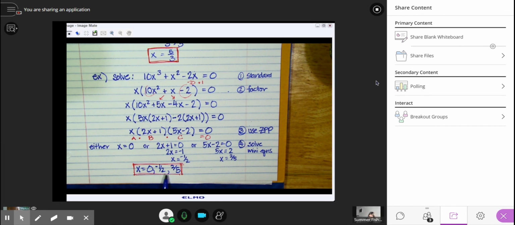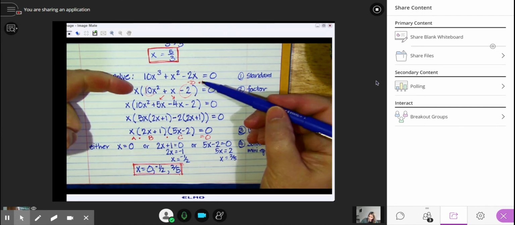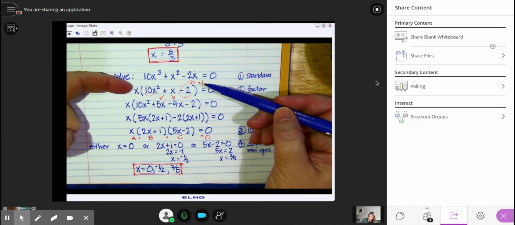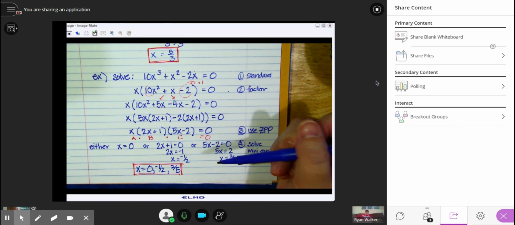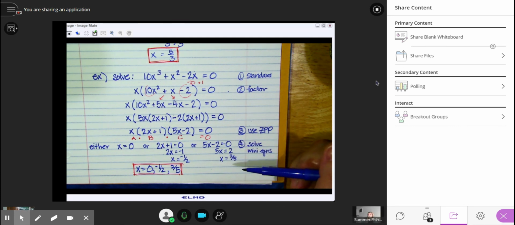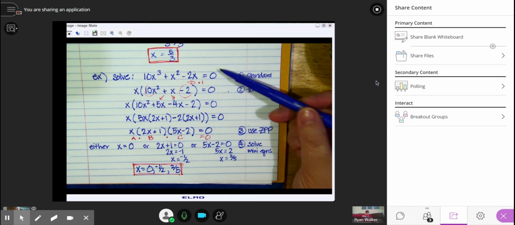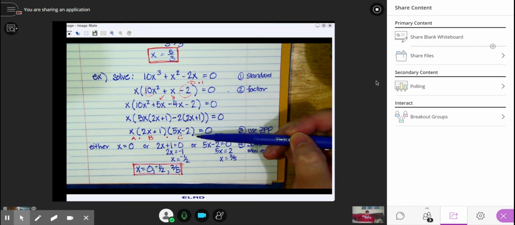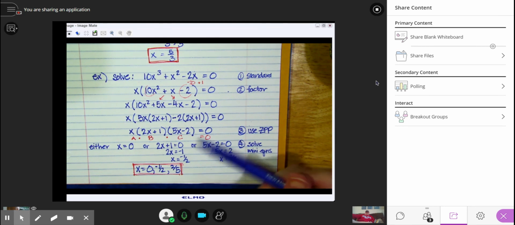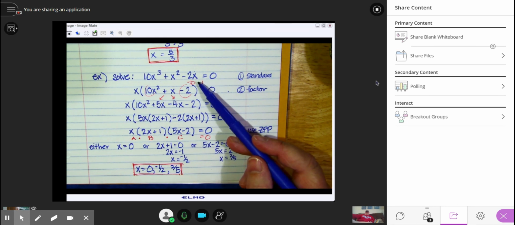All of your x values should work in the equation. And if they don't, then something went wrong. You may not have kept up with negative, or you may have divided incorrectly. But if your answer doesn't work in the original equation, something happened.